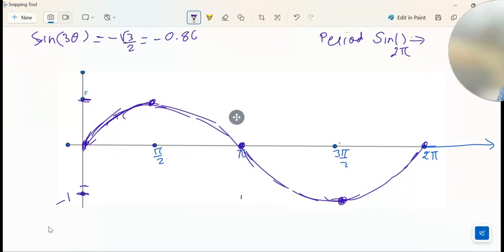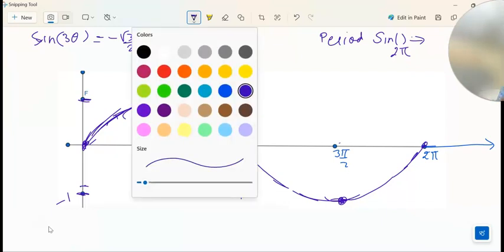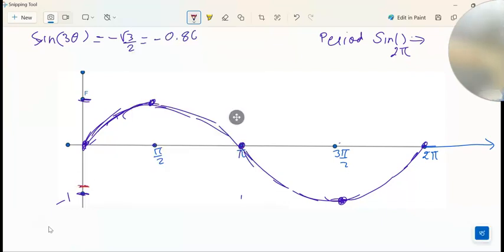So I'll draw a dotted line to show where the regular graph of sine x crosses it.